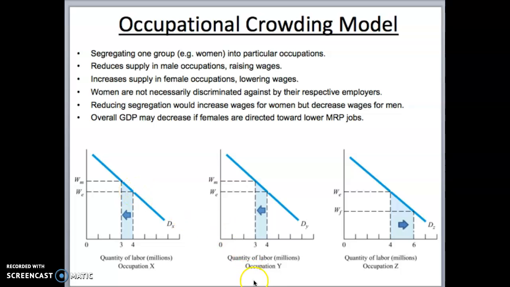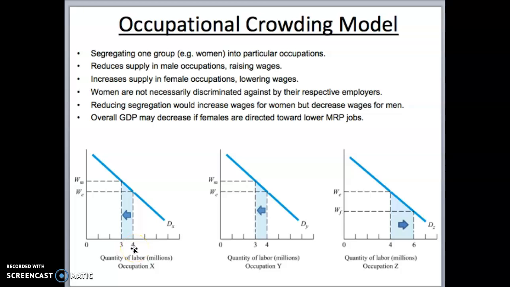And then let's go to occupation Y and assume that we have WE equilibrium and 4 million workers in this occupation. And then we'll start out at WE here, wage equilibrium, and 4 million in this occupation. So effectively, we're at wage equilibrium in all three occupations and 4 million workers employed or demanded in those occupations.